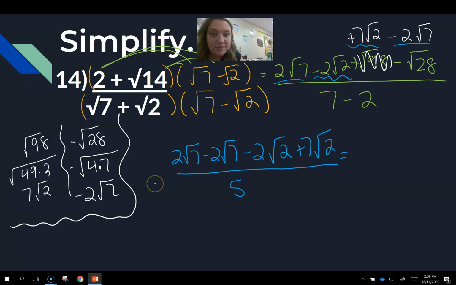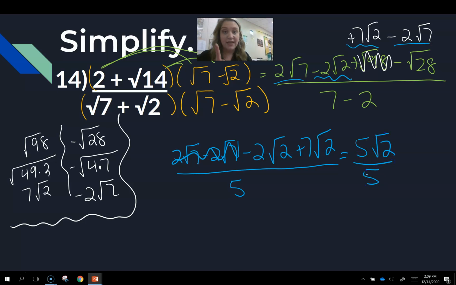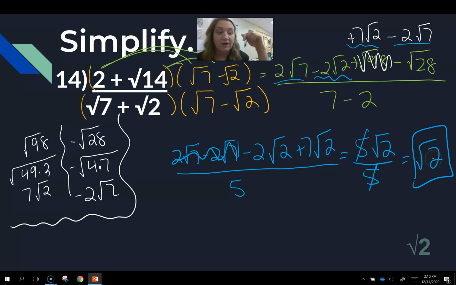All right, 2 square root 7 minus 2 square root 7 cancels out. Negative 2 plus 7 gives me 5 square root of 2 divided by 5. This happened last time. Numbers on the outside are allowed to simplify. So 5 over 5 actually cancels out. And guess what? My answer is just the square root of 2. That is it.